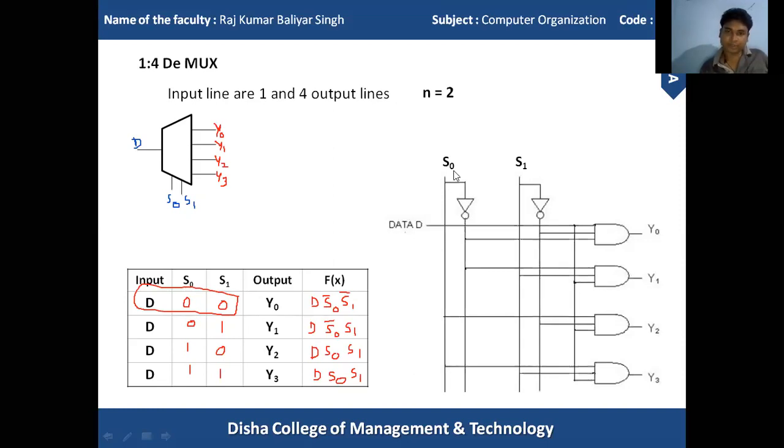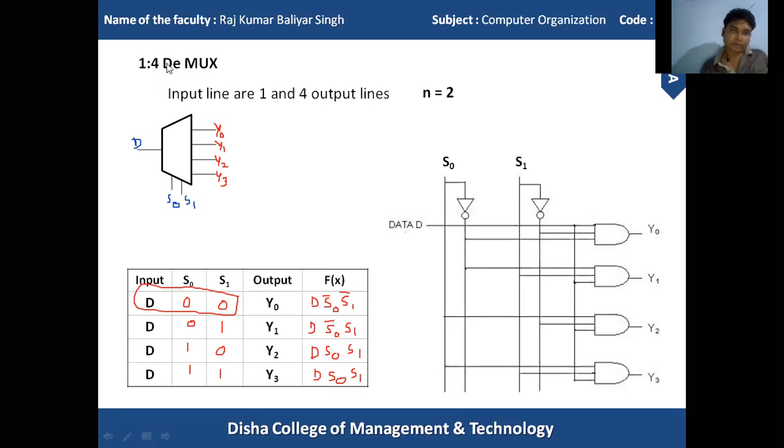So this is my S0 and S1, the select lines, this is the data D, and each individual function uses the AND gate, and after that I will get the outputs Y0, Y1, Y2, Y3. Okay, so a single data can be available at any one of these output terminals. This is the 1:4 DMUX.